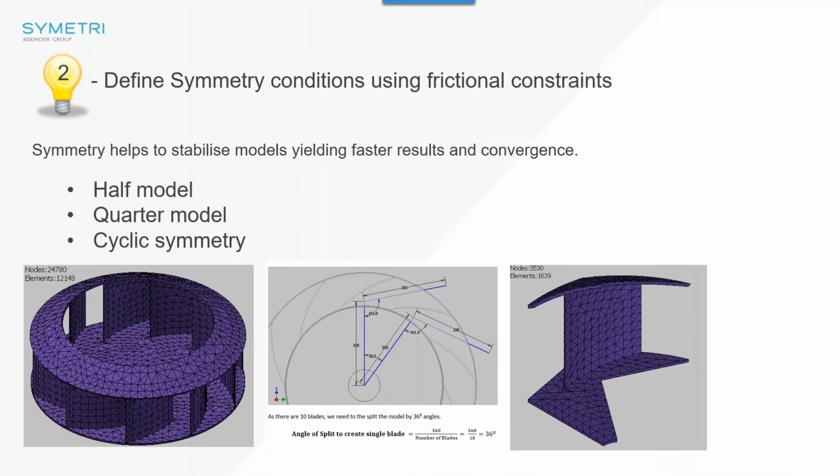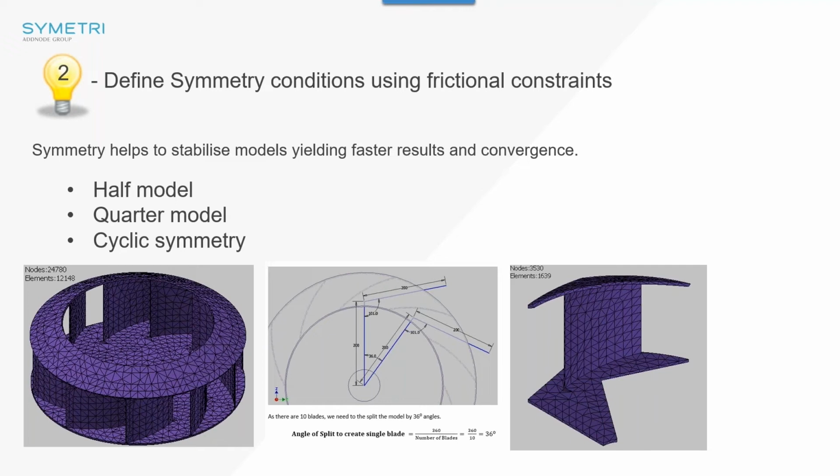Now, this is my favorite. I have seen customers doing full models, and some customers are familiar with splitting the model in half, half symmetry, and also a quarter model and 1/8. But I've never seen any customers who have components with cyclic symmetry, because the perception is that we can't do it inside Inventor Stress.